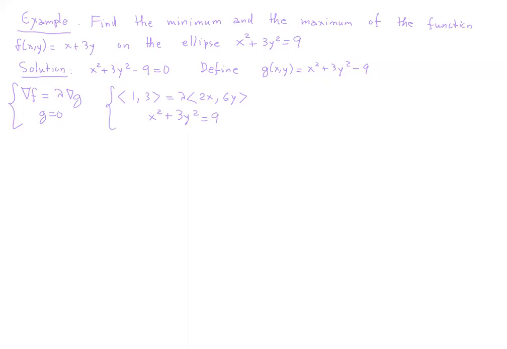And this translates to 1 is equal to 2 lambda x, and 3 is equal to 6 lambda y, and eventually x squared plus 3y squared is equal to 9.